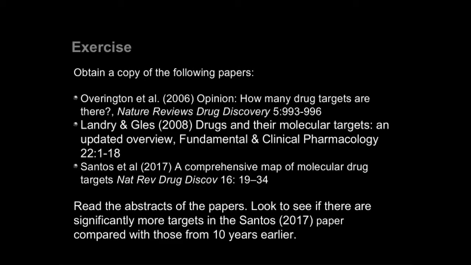I'd like you to obtain copies of the following 3 papers and read the abstracts, and then focus a little more on the Santos paper, which is this more recent analysis of the number of drug targets, and look to see how those numbers compare with the numbers in the earlier papers.